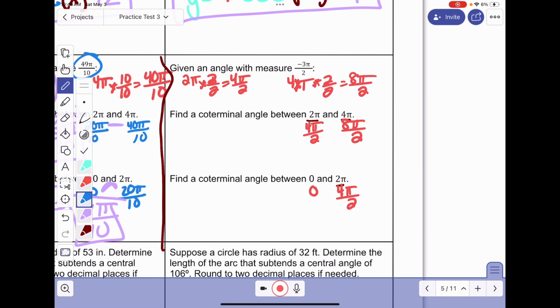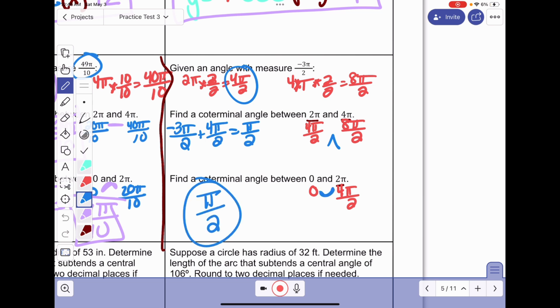So let's start. We have negative 3 pi over 2. So a negative number is not between either of these. We're going to add our first 2 pi. And negative 3 plus 4 is 1 pi over 2. That does not fit in this range, but it is in between 0 and 4. So I'm just going to write that over here rather than do it again.